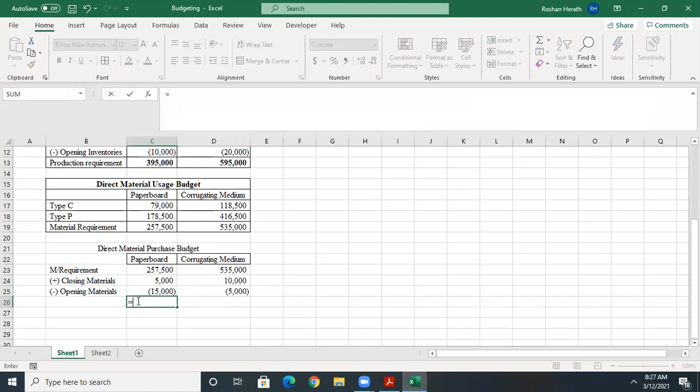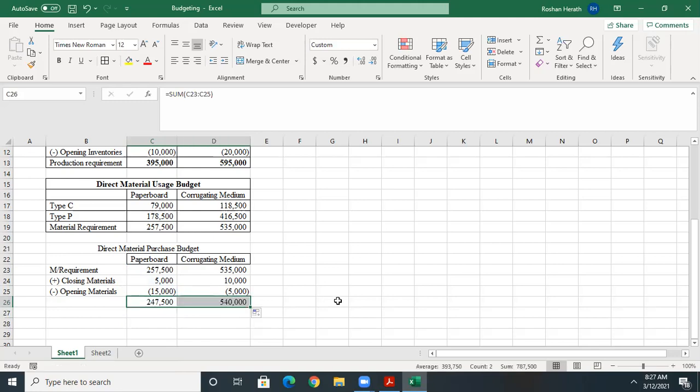So then you can see how much material is to be purchased: 247,500 and 540,000 kilograms.